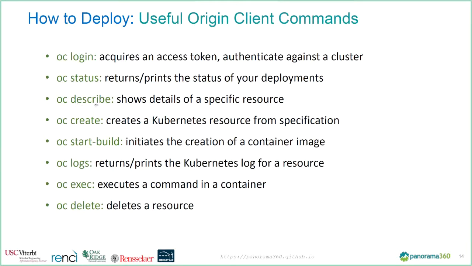The oc describe command will give you back details for a specific resource. With oc create, you are able to create Kubernetes resources based on specification files, for example, YAML files. With oc start-build, you can start building a new container image.